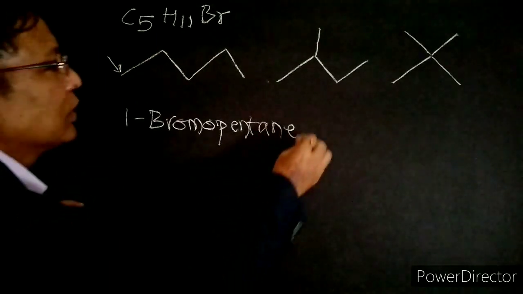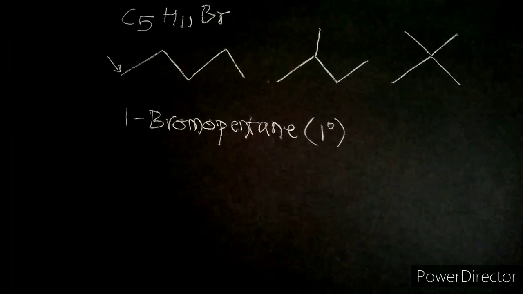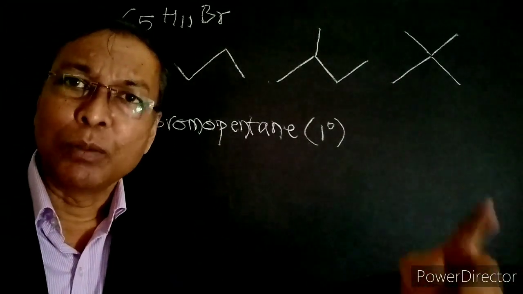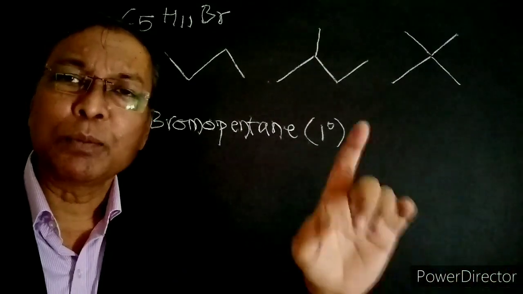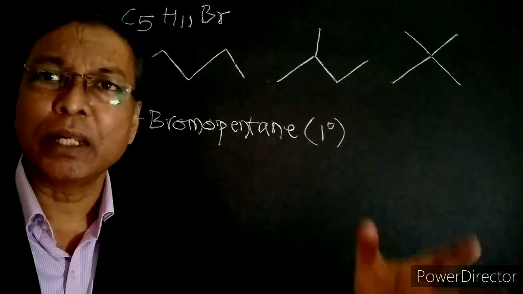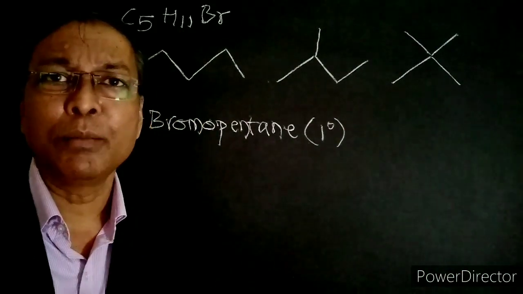Therefore, this is a primary alkyl halide. We already know when a carbon is attached to one other carbon atom, it is a primary carbon atom. When a carbon is attached to 2 other carbon atoms, it is a secondary carbon atom. And if a carbon is attached to 3 other carbon atoms, it is tertiary.